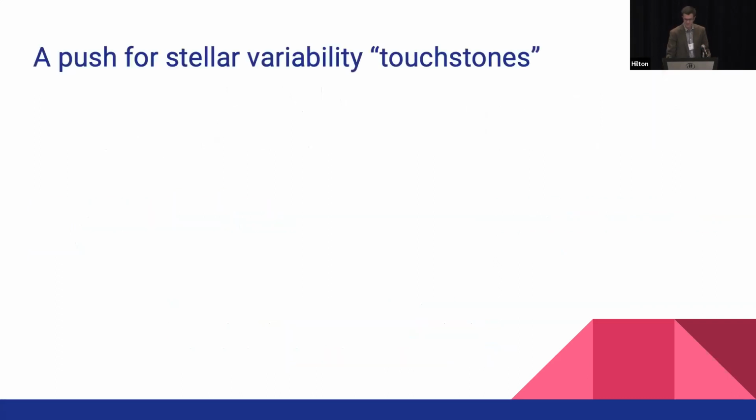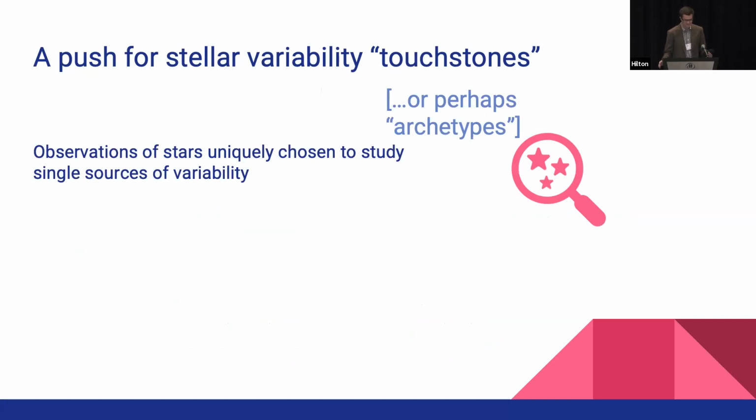And so that's why this session here is sort of a push for stellar variability touchstones. We're sort of avoiding the word standards here, and you could maybe call these archetypes, whatever you want to call them. But these are observations of stars that are uniquely chosen to study single sources of variability.